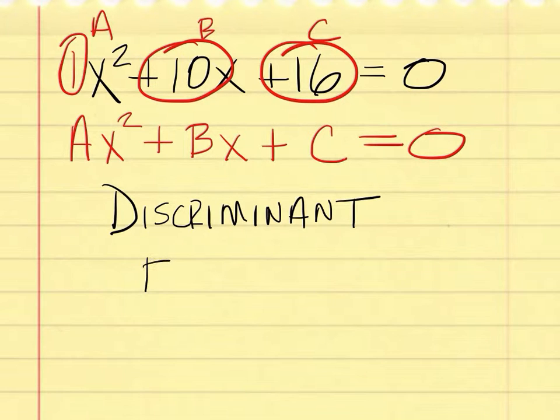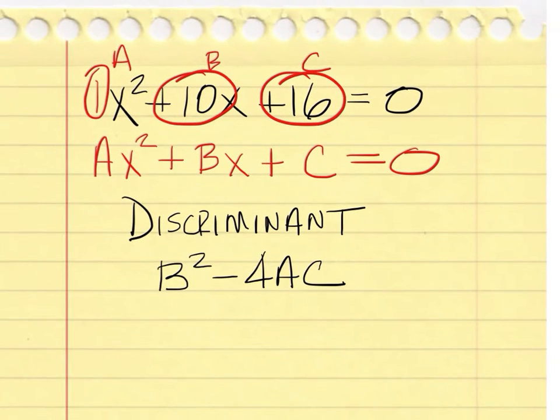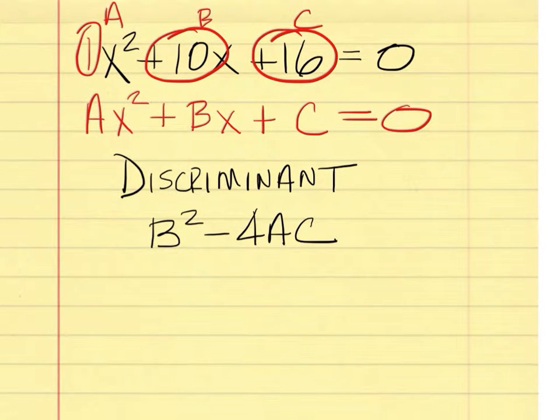The discriminant is b squared minus 4ac. The purpose of the discriminant is to let you know how many solutions the quadratic equation is going to have before you work it out. If the solution to the discriminant is greater than 0, then you will have two solutions.